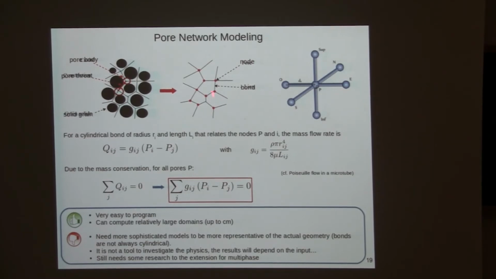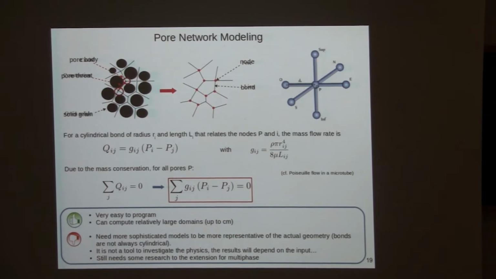On each node, due to the mass conservation, the sum of the mass fluxes is equal to 0, and based on that, you can obtain this law. Then you formulate a matrix, you invert the matrix, and you obtain the flow in your domain.